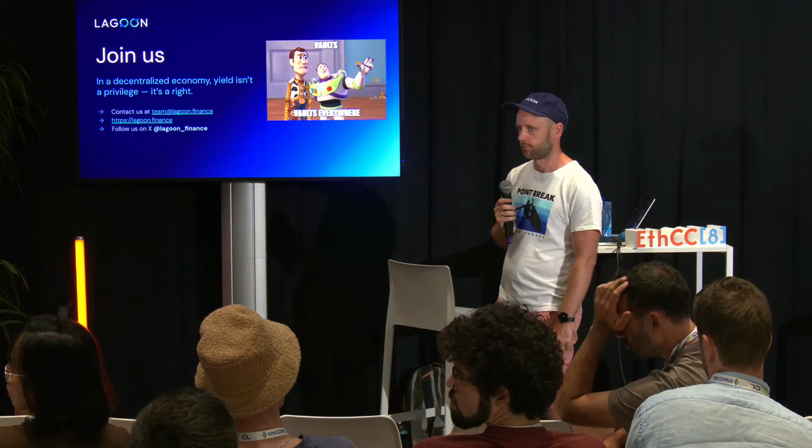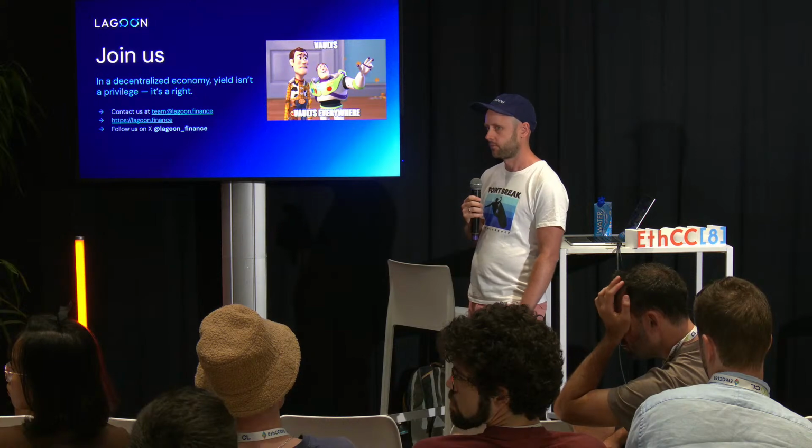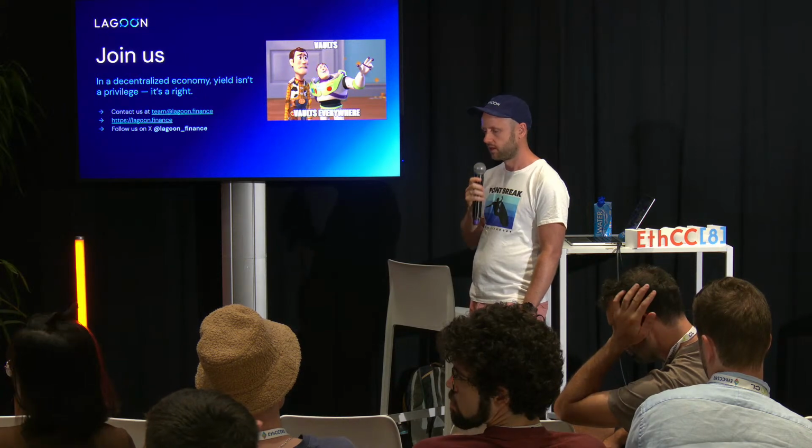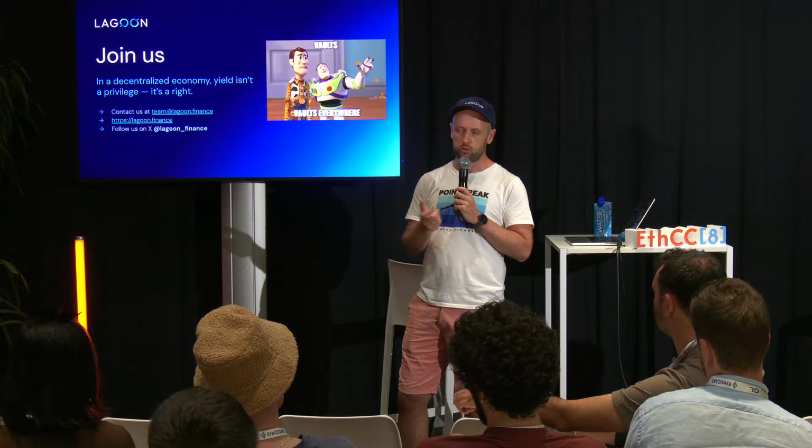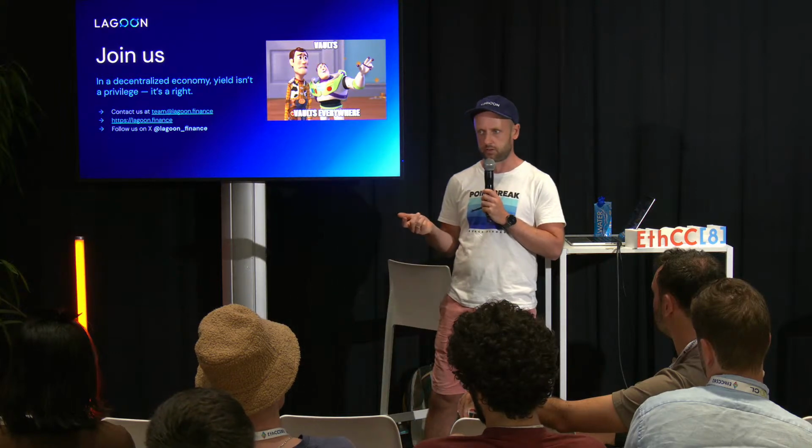Hello, great talk. This reminds me a bit of Enzyme. Maybe I'm mistaken, but how do you compare to them? Yes, so Enzyme was the first in the space to do on-chain funds, but we have a different approach from them. In Enzyme, the NAV is done on chain, and you need a new connector to be built for each new protocol and every new pool which is accessible to the curator.